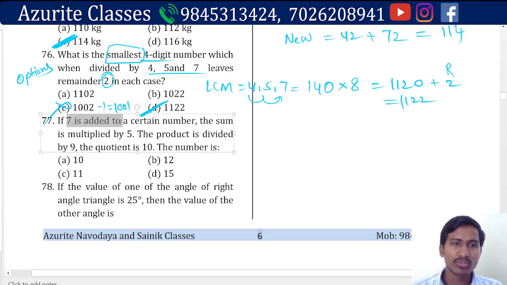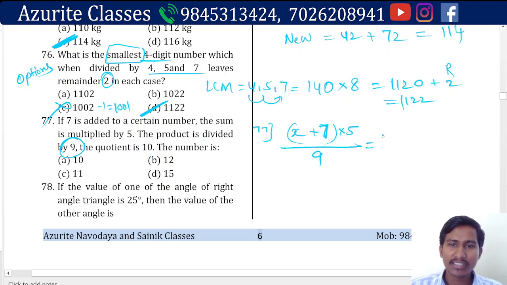Let us take the number as x. 7 is added first, then the sum is multiplied by 5, and then the product is divided by 9. The quotient comes as 10.